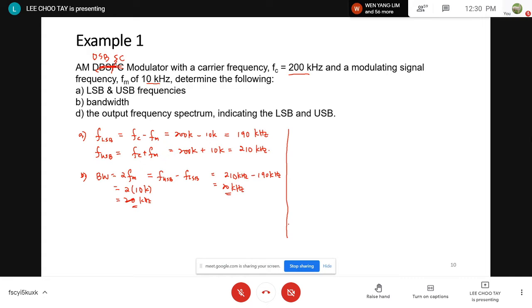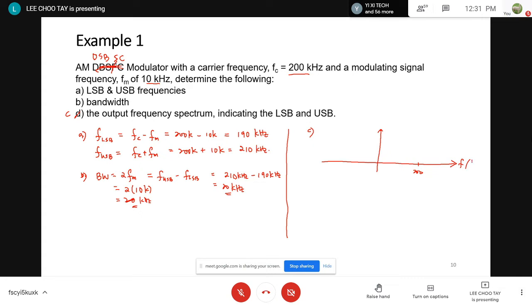Let's draw the output frequency spectrum. Okay, C, the output frequency spectrum. Because this is double sideband suppressed carrier, this is 200.